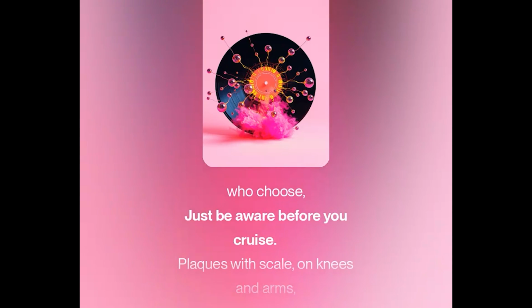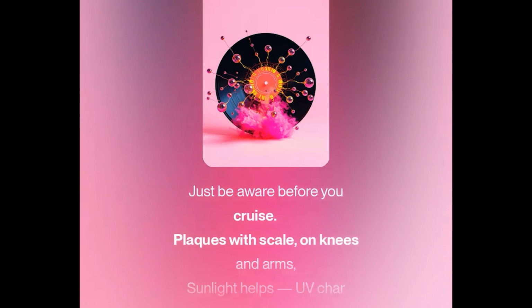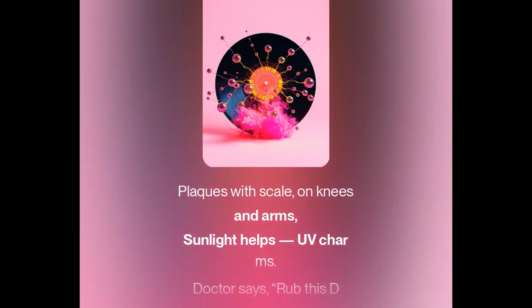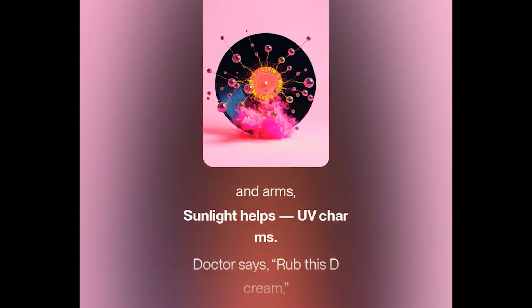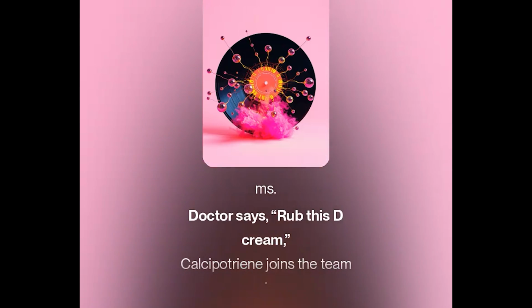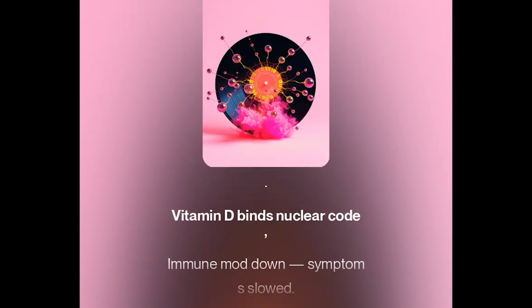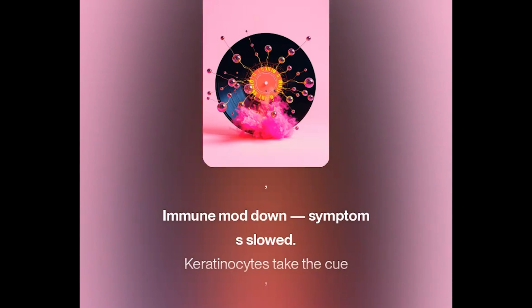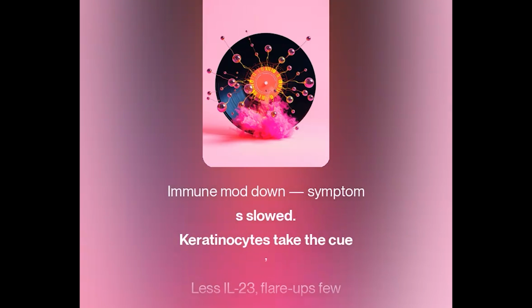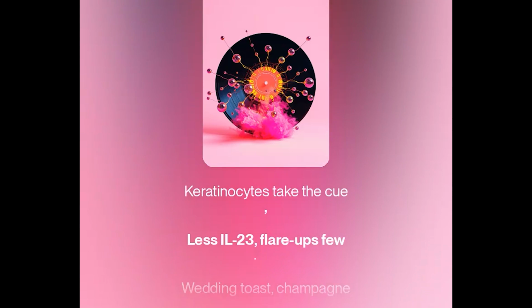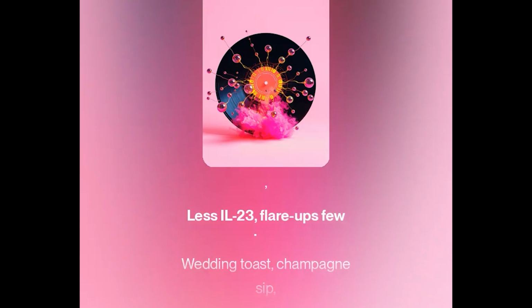Just be aware before you cruise. Black scale on knees and arms. Sunlight helps, UV charms. Doctor says rub this D cream. Calcipotriene joins the team. Vitamin D binds nuclear code. Immune mod down, symptoms slow. Keratinocytes take the cue. Fewer flare-ups too.